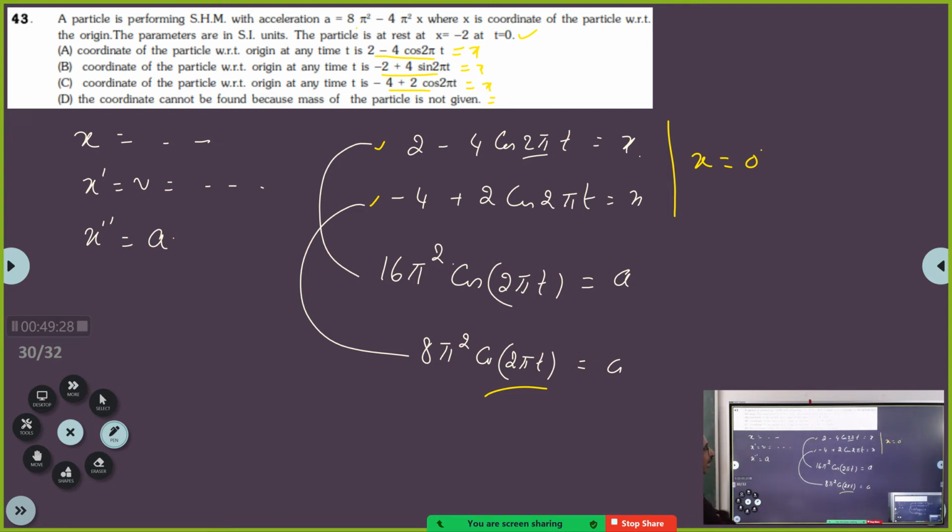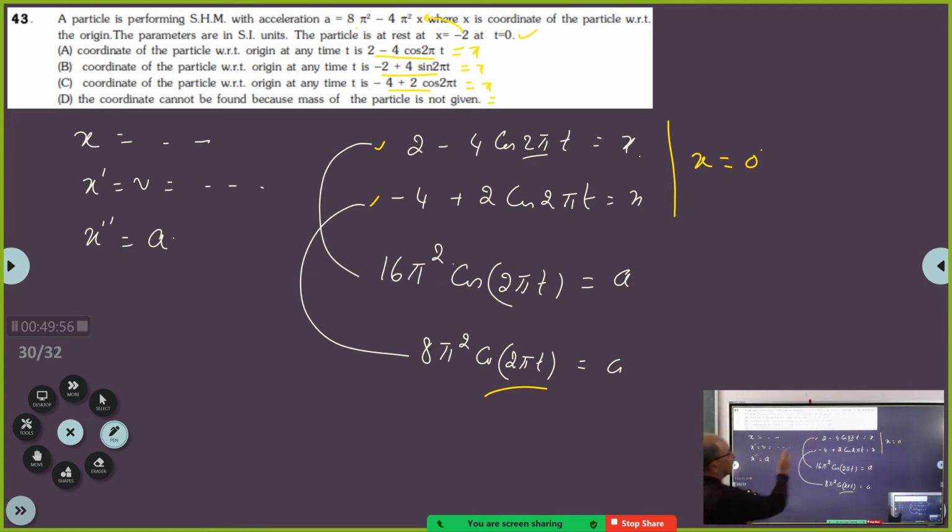See, at x is equal to minus 2, if you put it in the acceleration, you are going to get 16, no? And they told the particle is at rest. That means it should have maximum acceleration of 16. In this expression, if you put x is equal to minus 2, you are going to get a is equal to this.